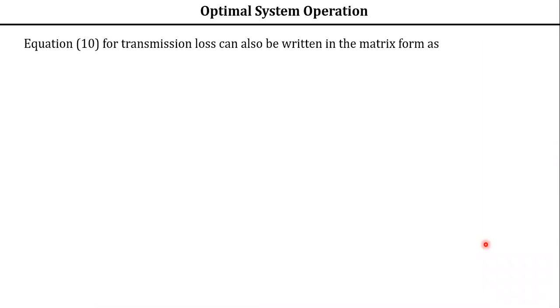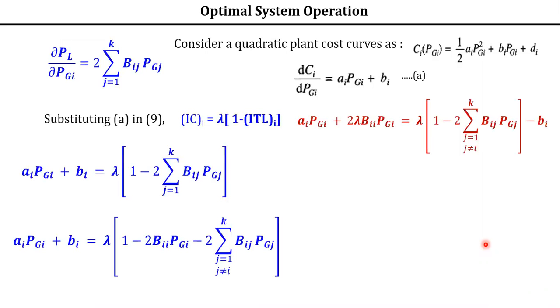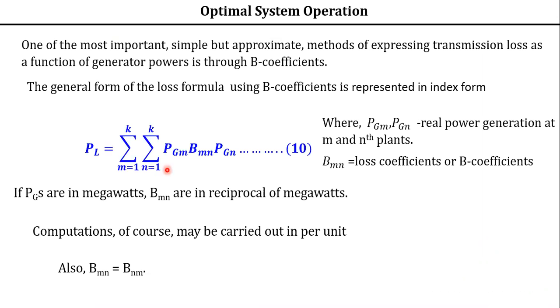Now equation 10. What is equation 10? I will show you. This is your equation 10. What we have done is, the B coefficients can be represented in different forms, as I told at the start of this class.